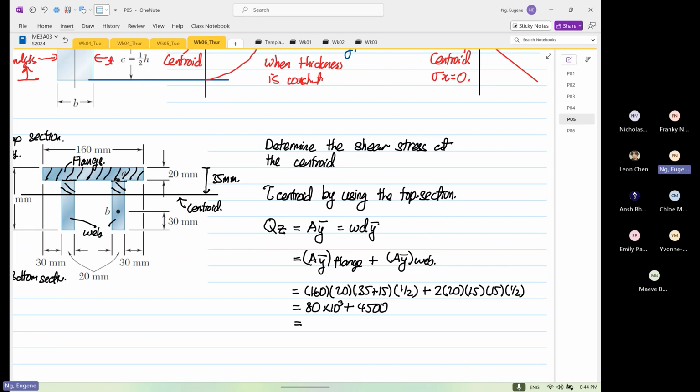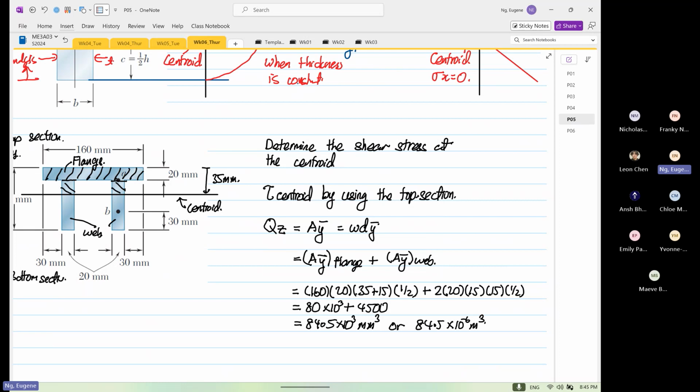So this will be equal to 80 times 10 to the power 3 plus 4500, which is equal to 84.5 times 10 to the power 3 millimeter cube, or 84.5 times 10 to the power minus 6 meter cube. Okay. Now this is by considering the top. So you have to do addition of the flange, and likewise you have to do addition of the web.